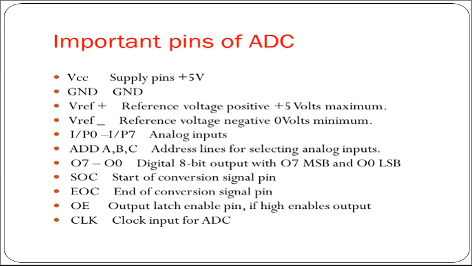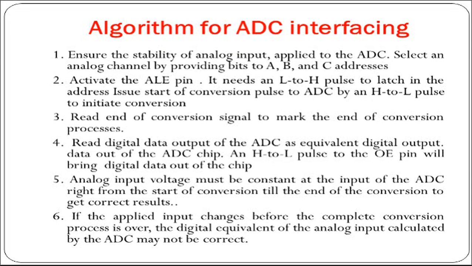We can always use the 8255 I/O port in between. Let's see the algorithm for ADC interface. First step, as I said, ensure the stability of the analog input applied to the ADC. We can select one of the available input channels from the 8 channels, but remember that a stable input should be available at this line.